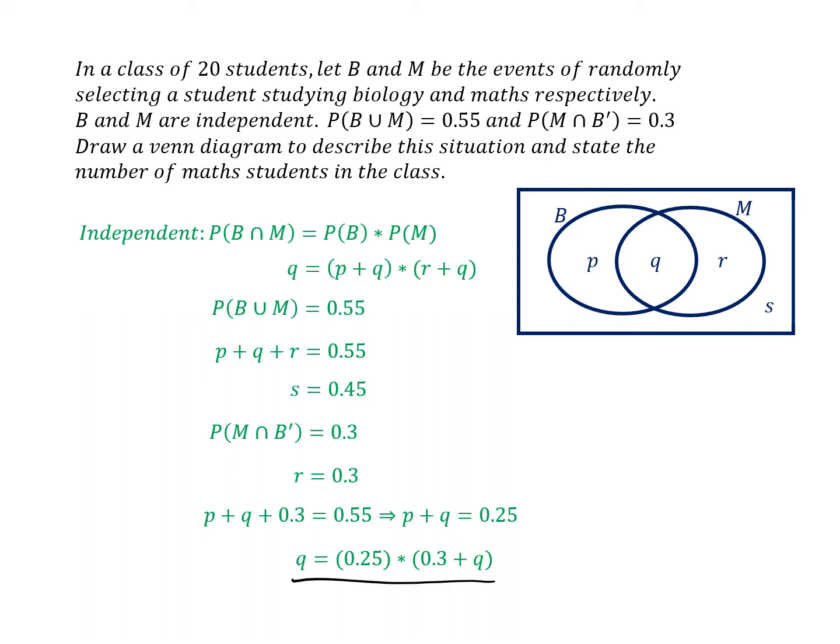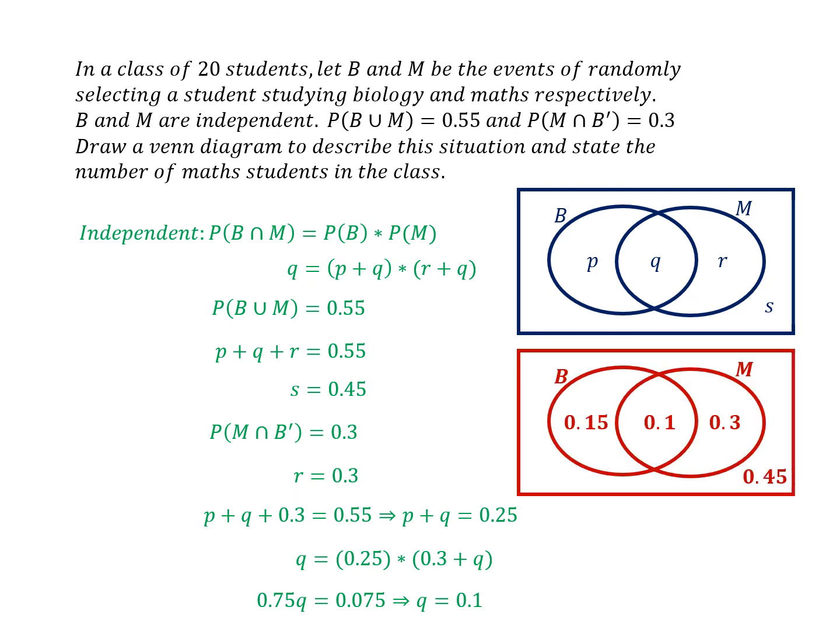Solving that equation gives me the value for Q of 0.1. So I've got Q, R and S, and I can calculate P by subtracting those three numbers from 1. So there's my completed Venn diagram.